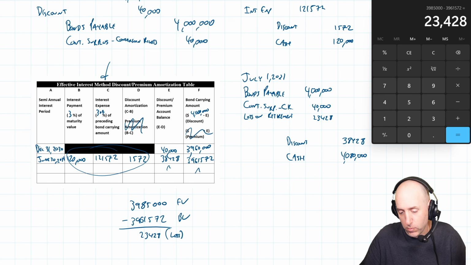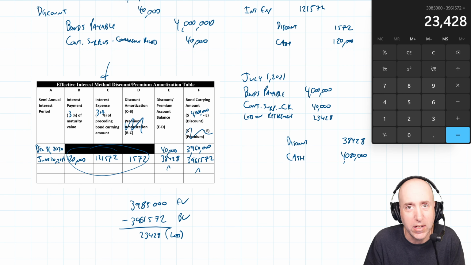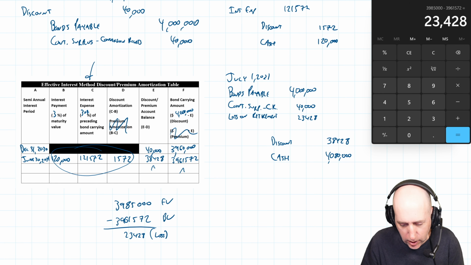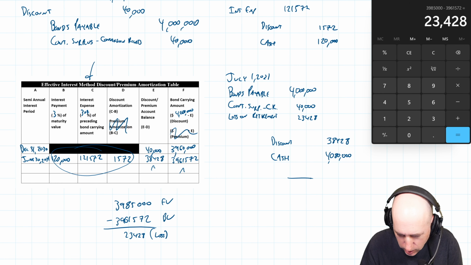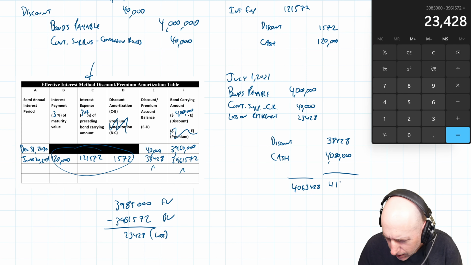And now this isn't going to balance, I don't think. If it balances, we're done. But if it doesn't balance, plug retained earnings, and that's our equity gain or loss on this disposal. So I'll add up the debits. I get $4,063,428 on the debit side. On the credit side, I get $41... I've got to add this in my calculator.